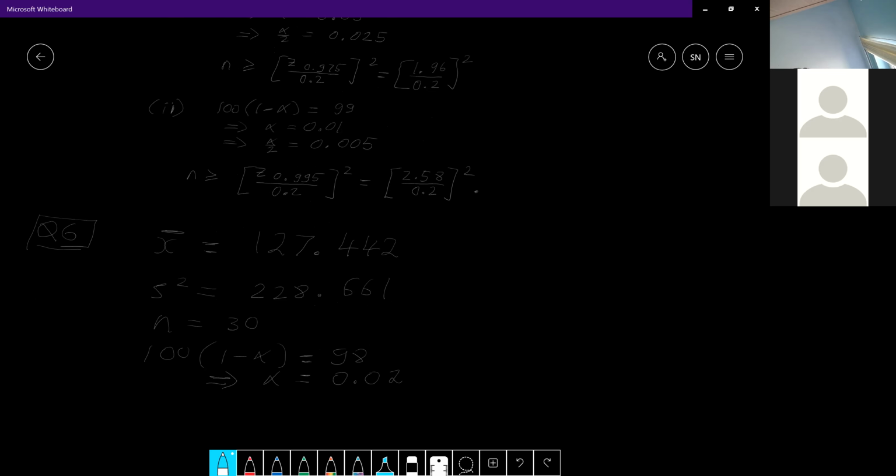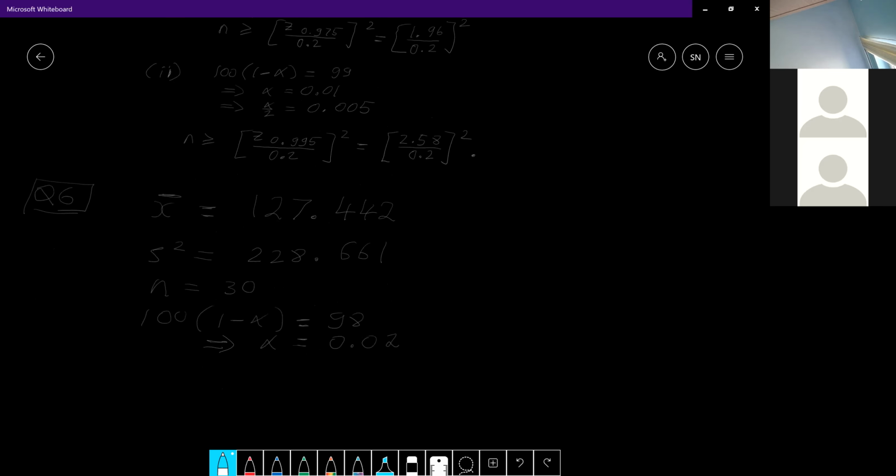The next thing is to find the confidence interval for mu and the confidence interval for sigma squared. Let's start with the first part, which is to find the CI for the population mean mu.